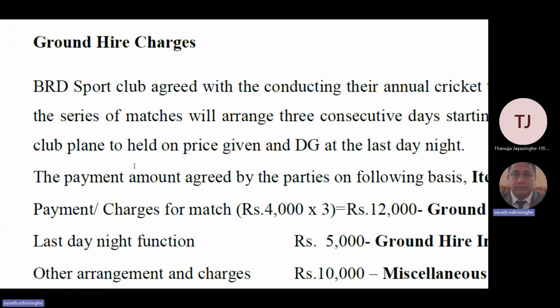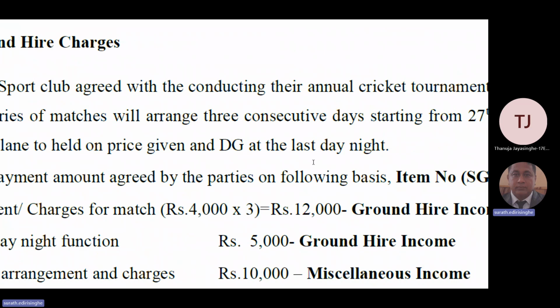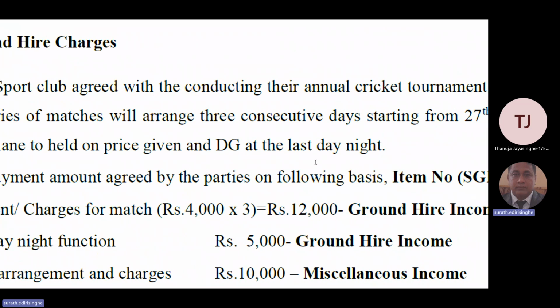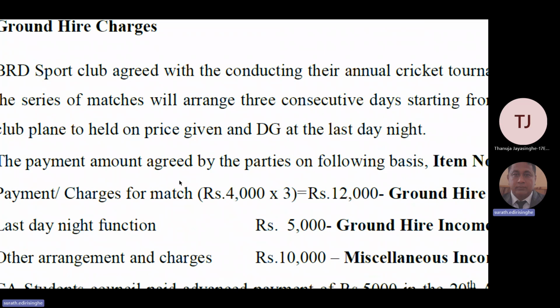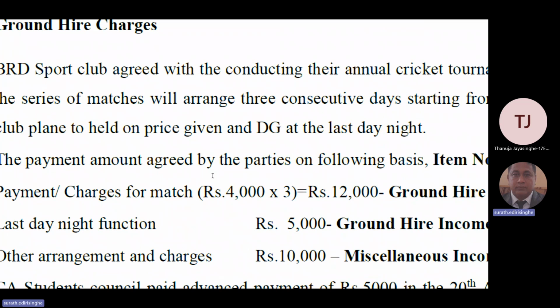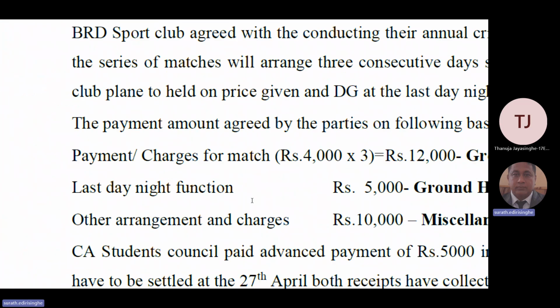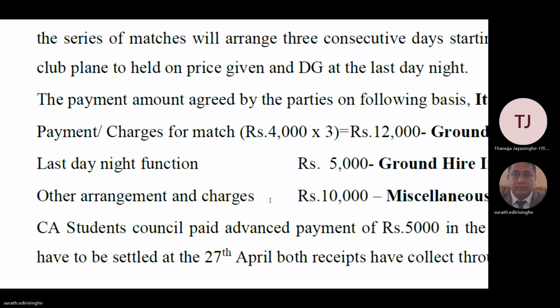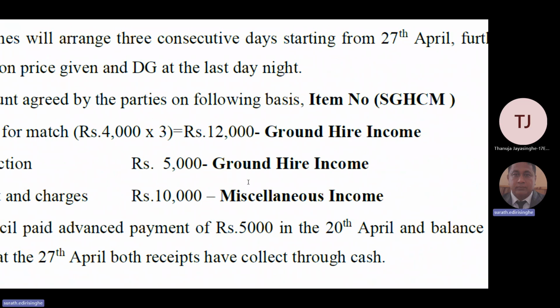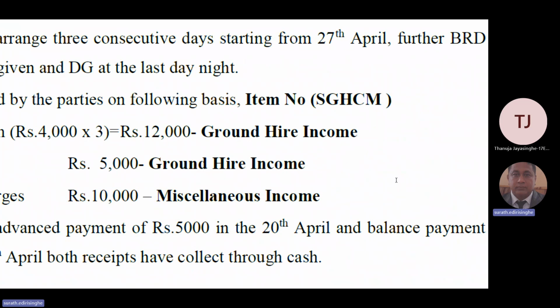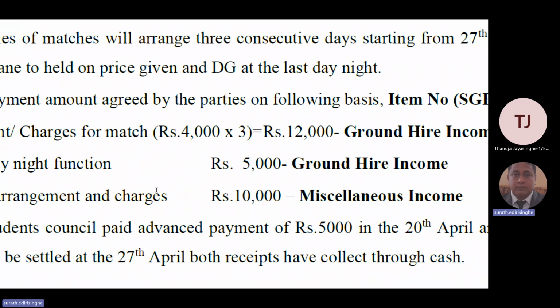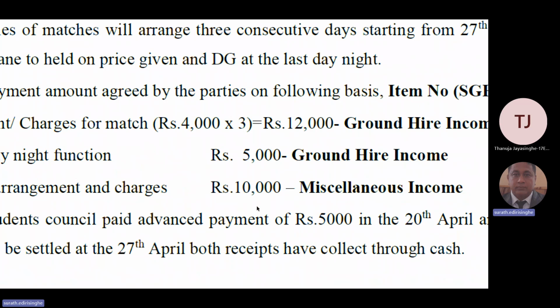And last day night, 5,000 is also ground hire income. And other arrangements by 10,000 on miscellaneous income or other income. The customer settled the 5,000 on 20th April. The balance payment on 27th is received by cash collection.